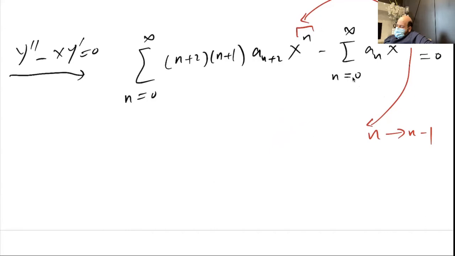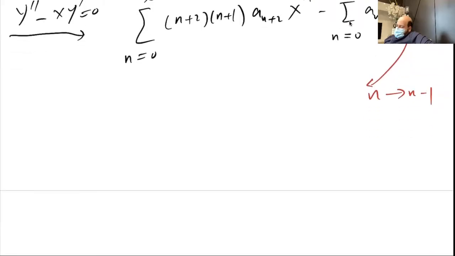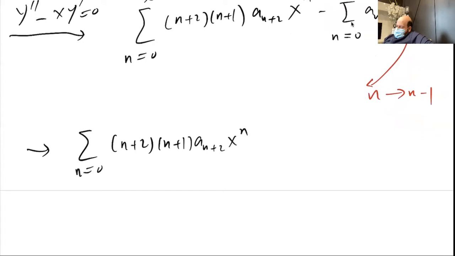And then what do I get? If I change n to n minus 1, then I have sigma (n plus 2)(n plus 1) a_(n plus 2) x to the power n from 0 to infinity, minus sigma from 1 to infinity of a_(n minus 1) x to the power n, equals 0.